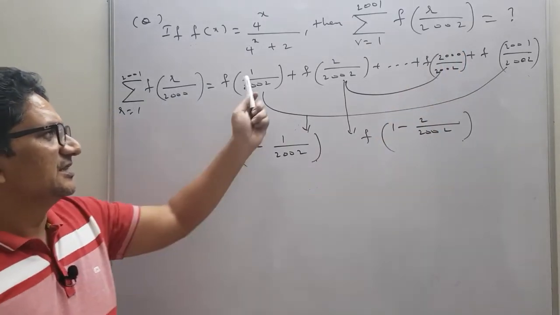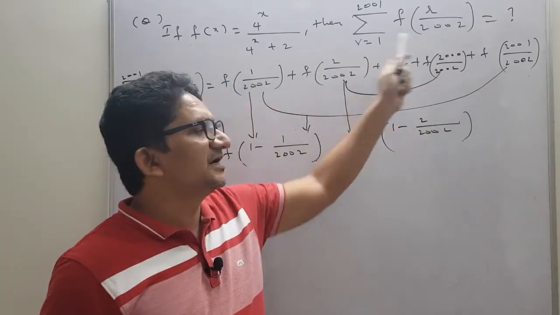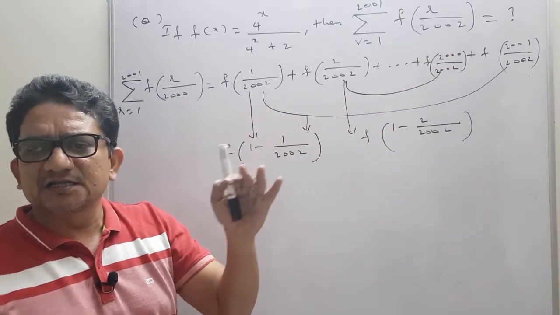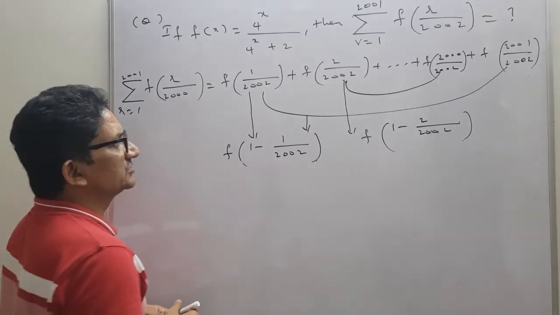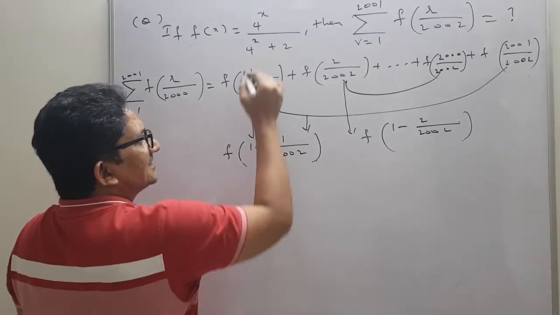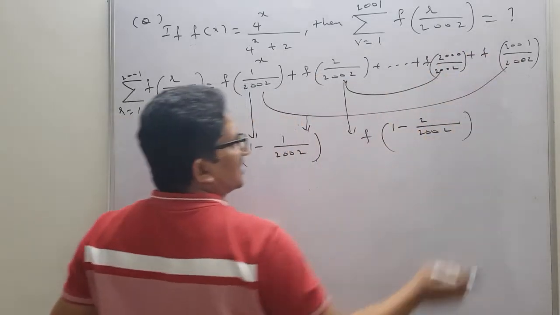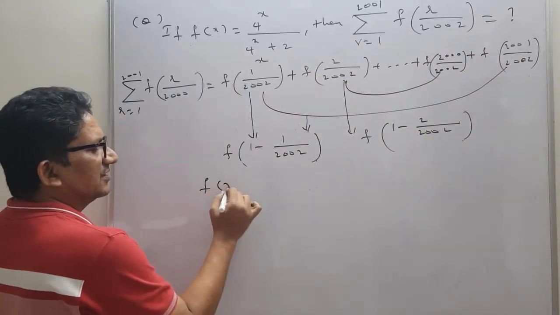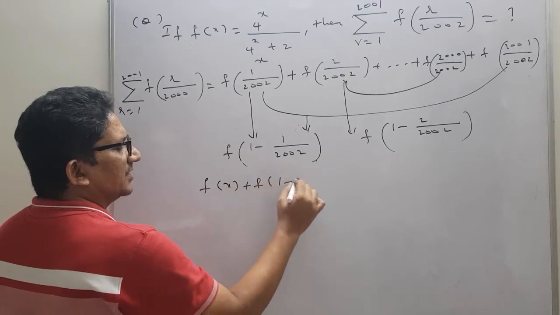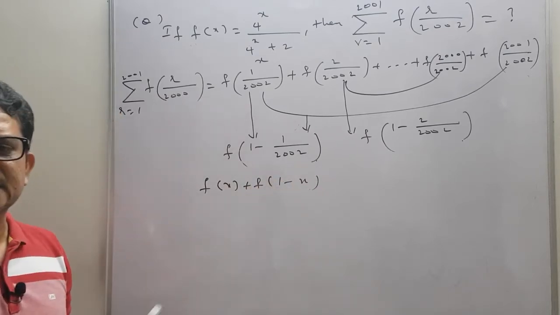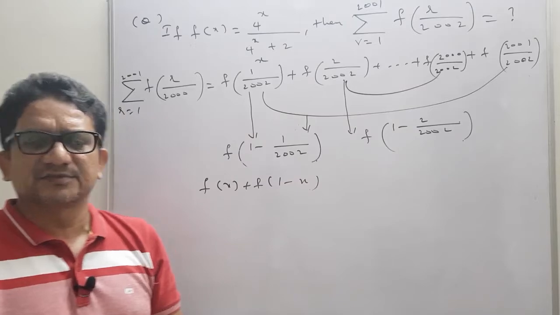That means the first and last, and second and second last, all these combinations, if you observe, suppose we take this one as x, then the sum of this and this appears like f of x and f of 1 minus x. So like that there exist so many pairs.